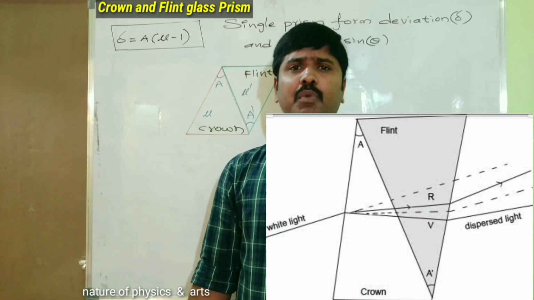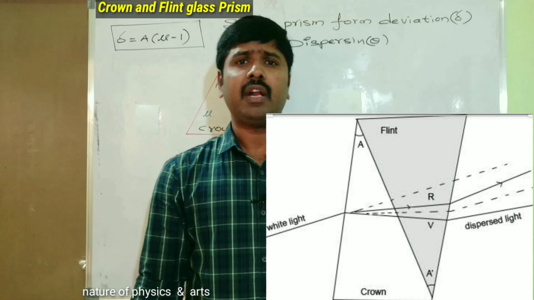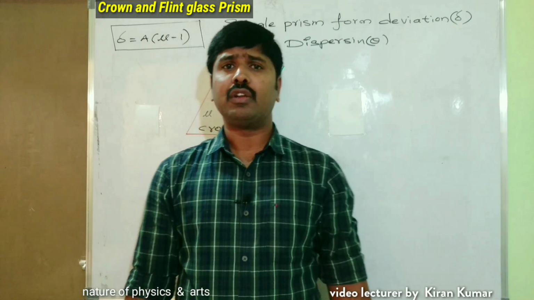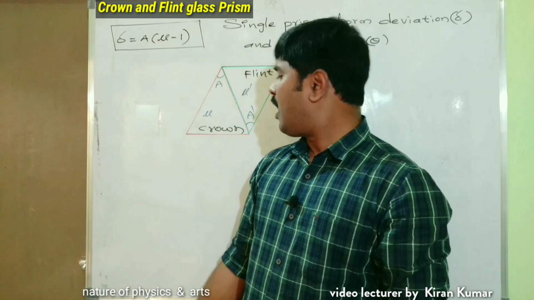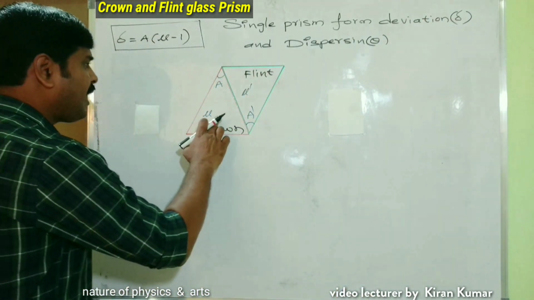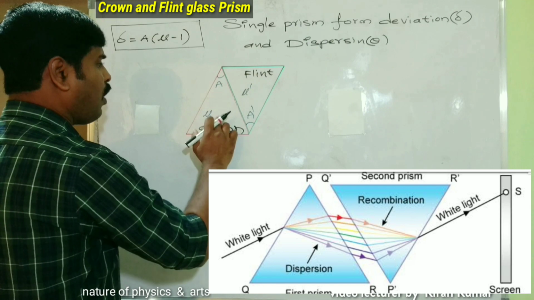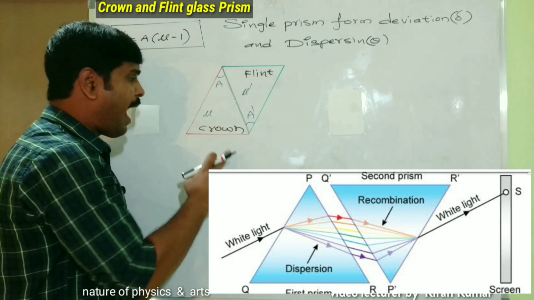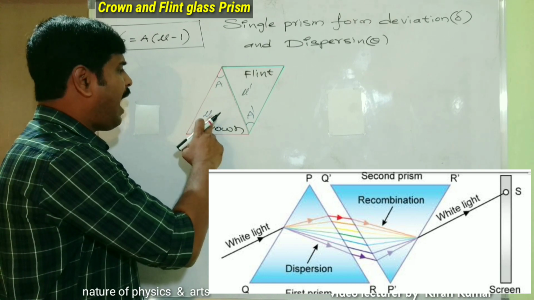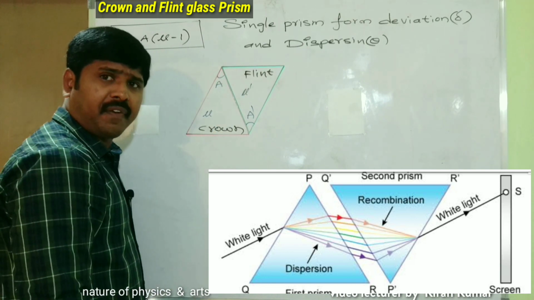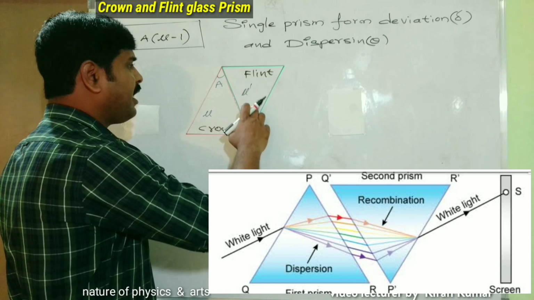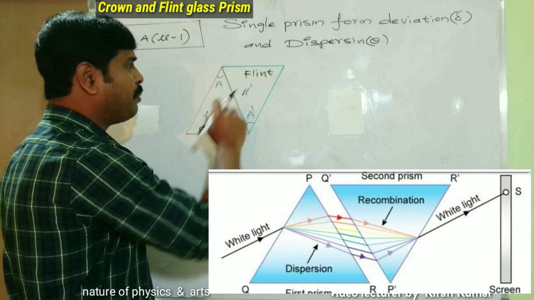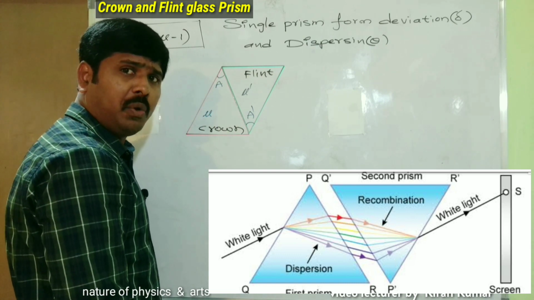Here I am just going to write the equation, that is total dispersion and total deviation due to the combination of the flint glass prism and crown glass prism. Now here A is the angle of the crown prism and mu is the refractive index, and A dash is the angle of the flint prism and mu dash is the refractive index.